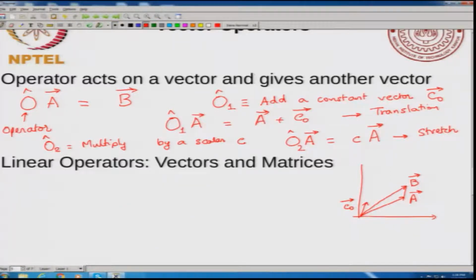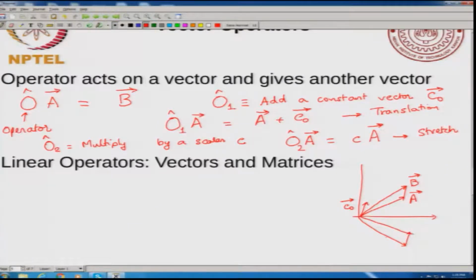So, what it did is it took this vector and moved this point up in the direction of C0. Suppose I had some other vector A; it would do the same thing, it would again move it up in this direction by this amount. So, the new vector will be this.